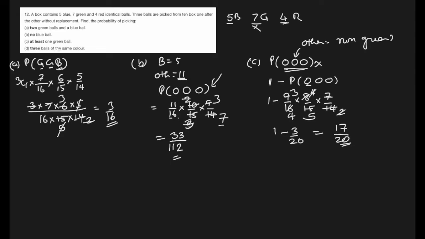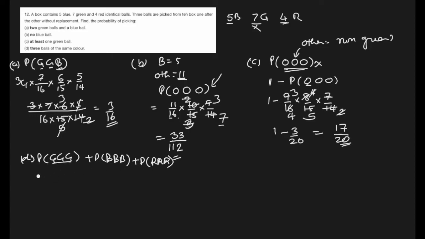D, 3 balls of same color. In D part, they're asking the probability of either green, green, green, or blue, blue, blue, or red, red, red. These are the 3 possibilities when all 3 colors are same.